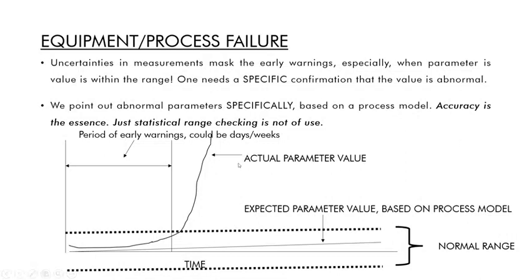Now, in this example, this line shows the expected value of the parameter based on the physics and chemistry of the process, and this value also can be found out using an accurate process model. And what we observe is, the actual value is significantly different from the expected process value, and that points to the abnormal situation or the impending abnormal situation, breakdown.